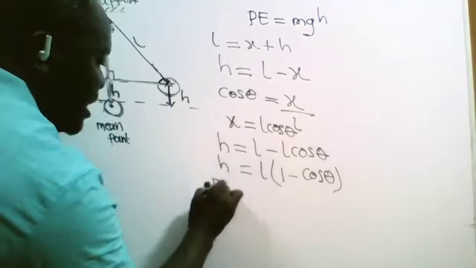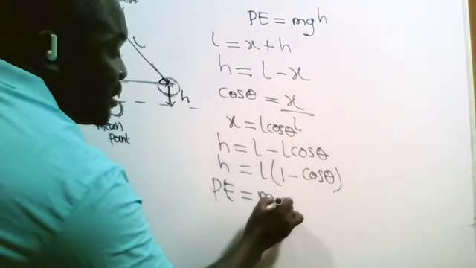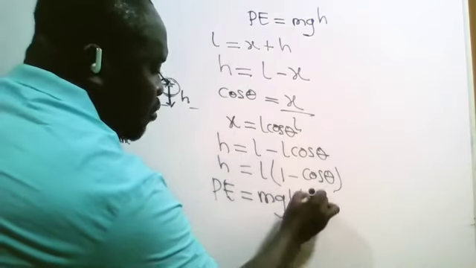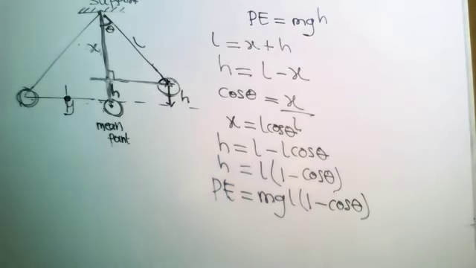Therefore, the potential energy is given by mgh, where H is L times 1 minus cos theta.